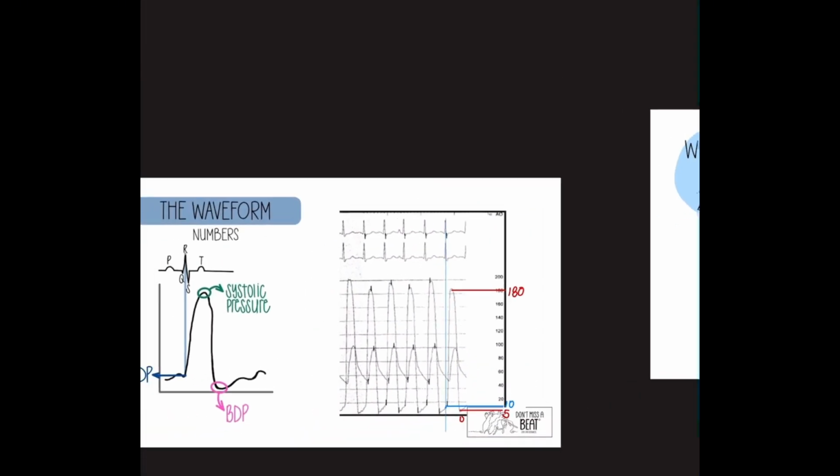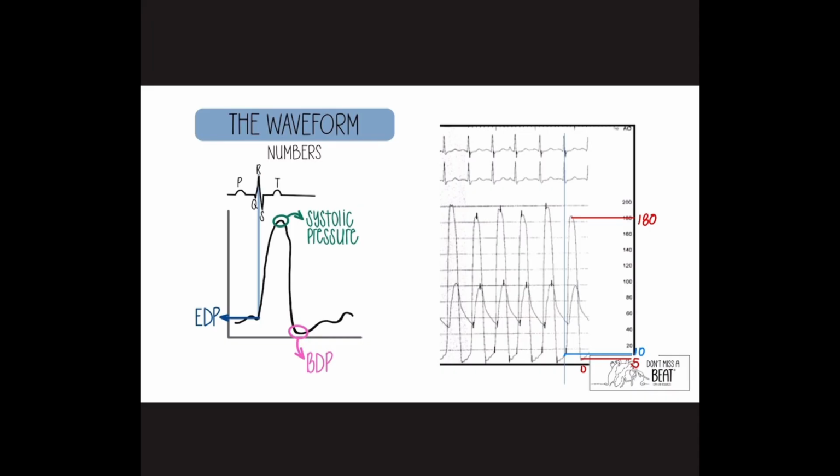So I'll call this one 10 and I'll call this one 5. So when you report it out, you'd be writing that the LV pressure is 180 for systolic. Now what is beginning diastolic pressure? 5. And then EDP you measured at 10, and of course those are all in millimeters of mercury.